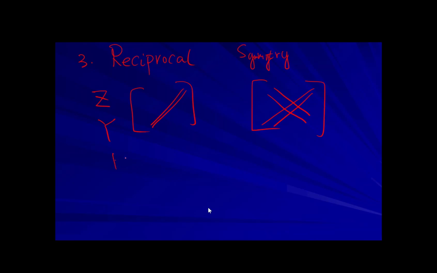For the reciprocal, the Z and the Y matrices will be symmetric. If the circuit is symmetric, the diagonal elements will be equal also. This is a condition for Z and Y. For the condition of H and T, we can get it from Z and Y. This is question 3.